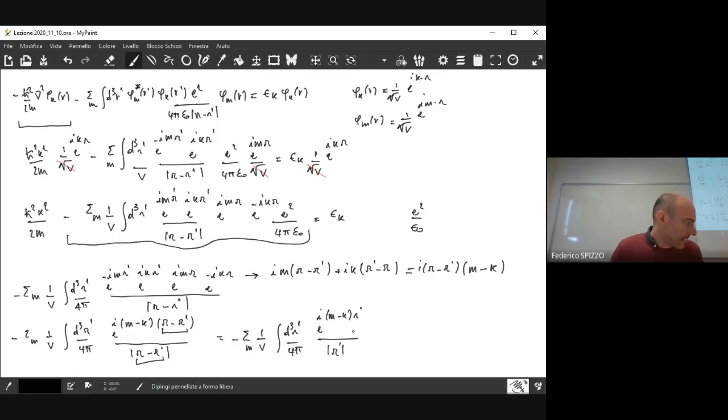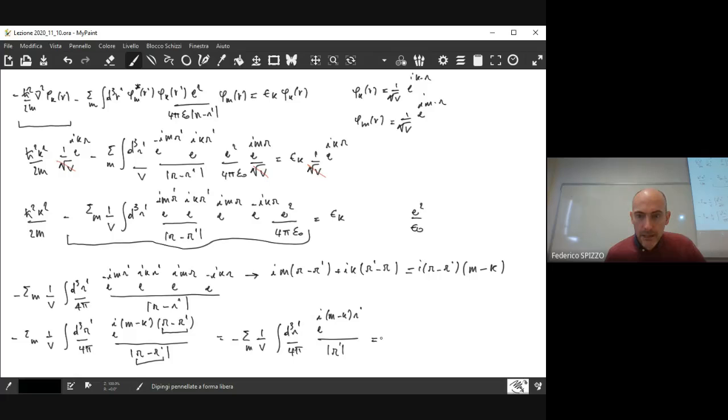At this point, the function of r prime that we have here is 1 divided by r prime. Then we have an integral over the full space of d3 r prime of this function times a phase corresponding to the wave vector m minus k. So this can be considered to be the Fourier transform of the 1 divided by r prime function corresponding to wave vector m minus k.